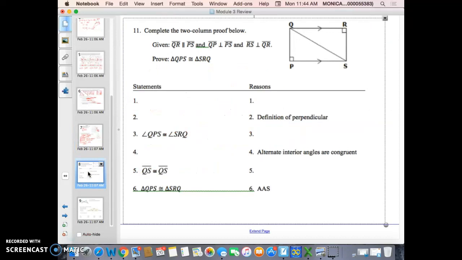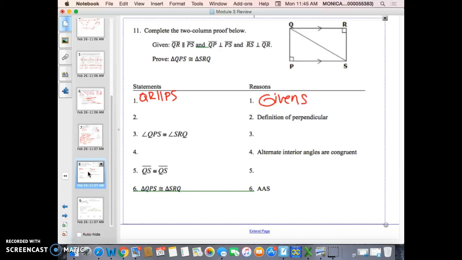All right, here's another proof that I need to complete. So the first thing that I'm going to write in is, of course, the givens. So we've got QR is parallel to PS.